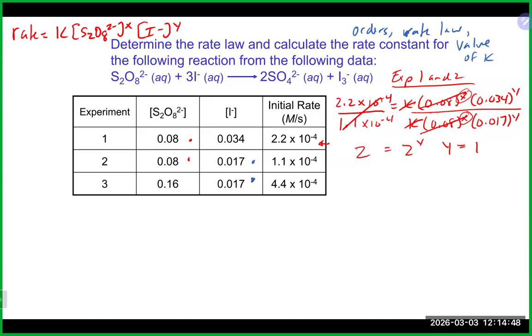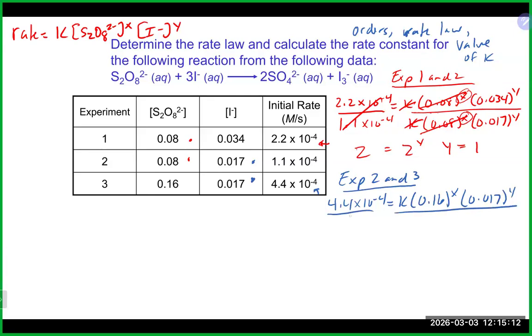We could do that with experiments 2 and 3. Looking at it, experiment 3 has a larger rate, so I'm going to put that up on top: 4.4 times 10 to the minus 4 equals k, 0.16 to the x, 0.017 to the y. Now everything for experiment 2 on the bottom: 1.1 times 10 to the minus 4, k, 0.08 to the x, 0.017 to the y.